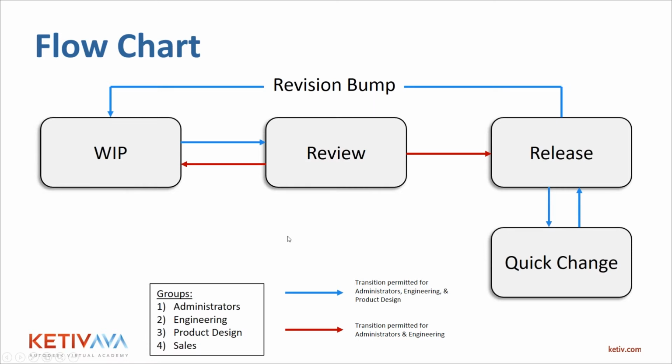And you can see all the colored lines here. These are for blue transitions. We want administrators, engineering, and product design to be able to do that. And for the red arrows, we want administrators and engineering. You can kind of think of those as kind of a review board or something, the way it's set up here.